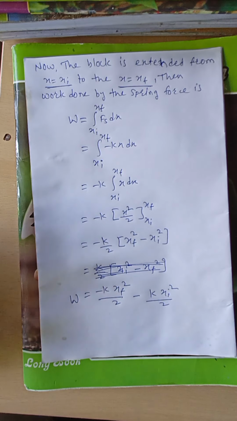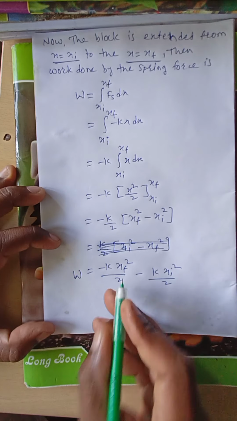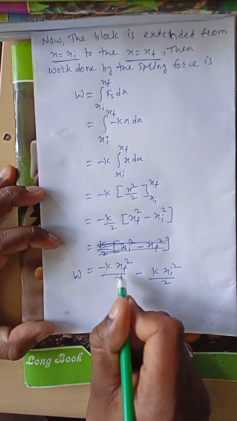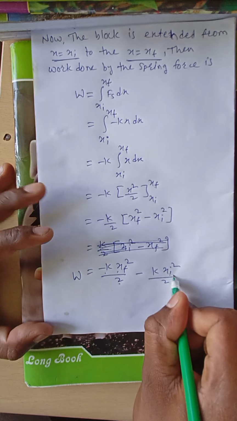This is the work done by a spring force. Now see here, work done by a spring force: minus k is a constant, 2 is a constant, x final and x initial.